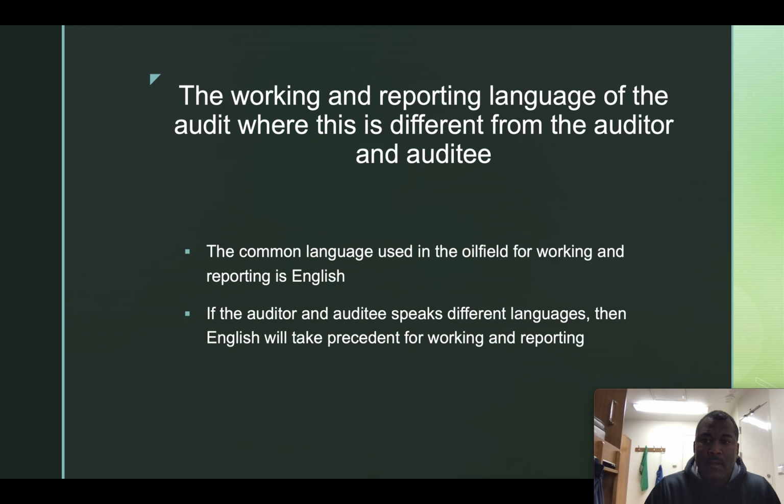So English will take precedence in the case of an auditor and auditee. That's the common language used in the oil field for communication, for writing purposes, email purposes, everything, guys. If the auditor and auditee speak different languages, then English will take precedence for working and reporting. Next slide.